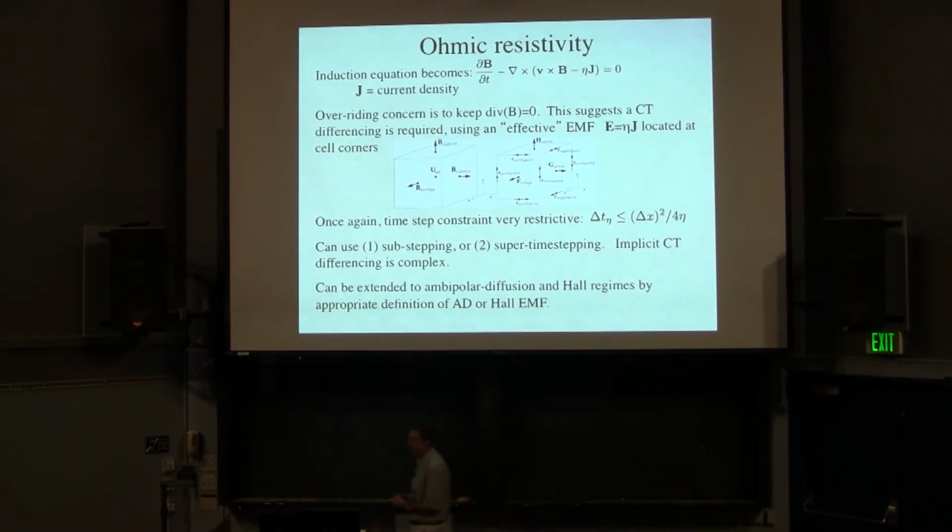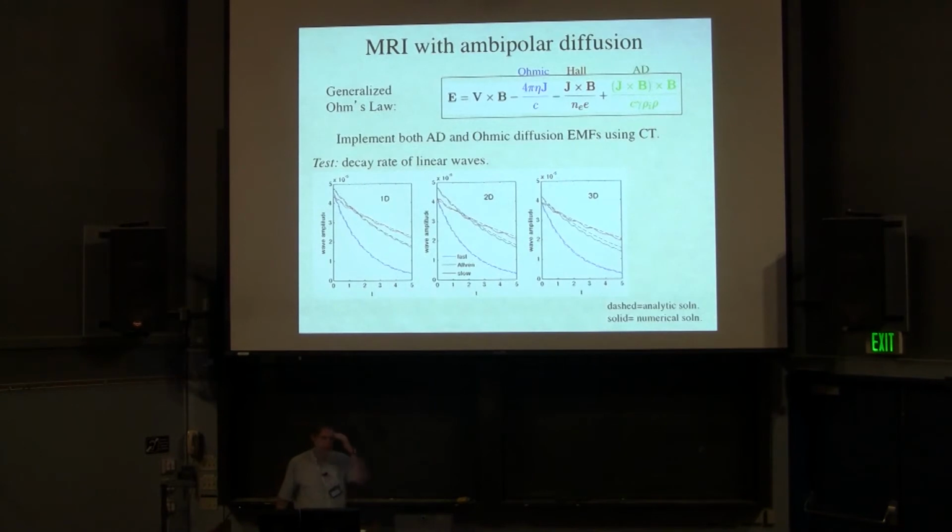Now, there's more to life than just ohmic resistivity in an astrophysical plasma. In fact, in a weakly ionized plasma, appropriate for the dense phases of the ISM or in protoplanetary disks, general Ohm's law says there should be not just the induction term, which is the term we've been including for ideal MHD. There should, of course, be the ohmic term, which we've just added.